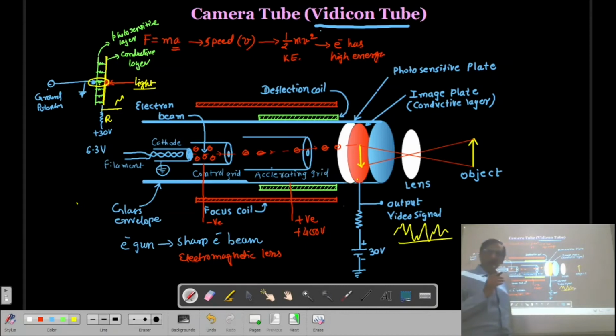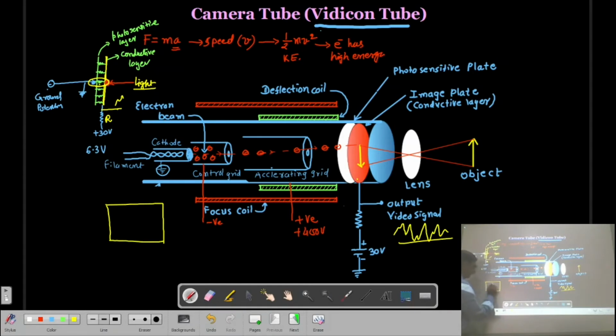Now, here you have to scan one complete picture. Remember, whatever the picture is there, you can call it a frame. So here we have this kind of frame, and the picture is there.